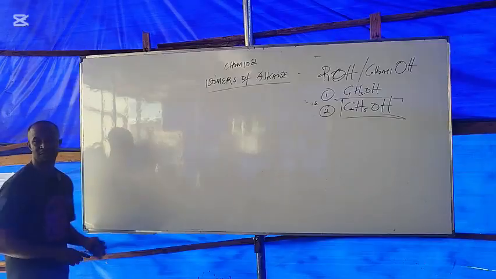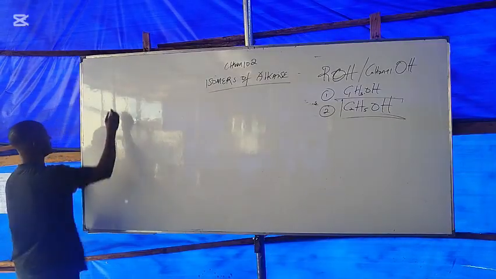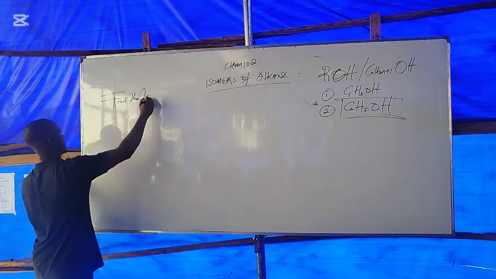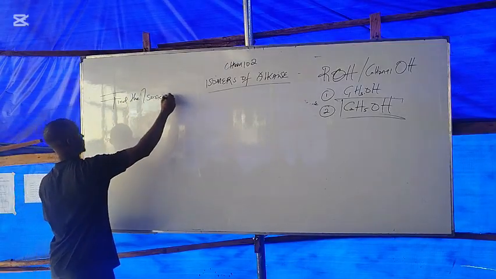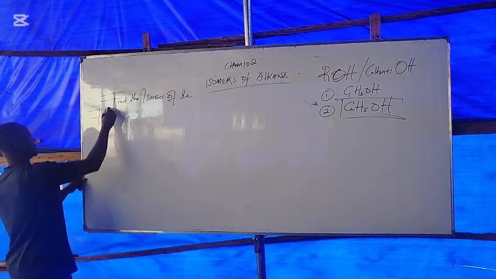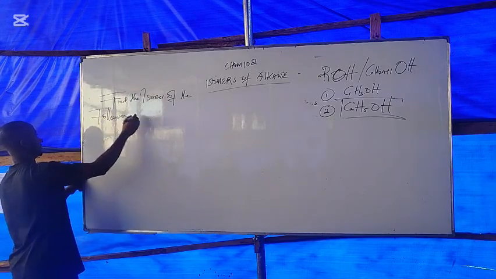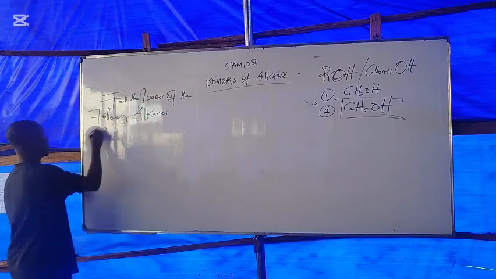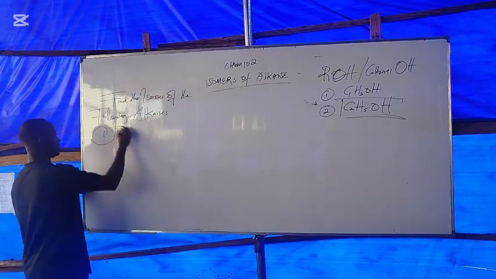Okay? Find the isomers of the following alkane. Number 1, propane.